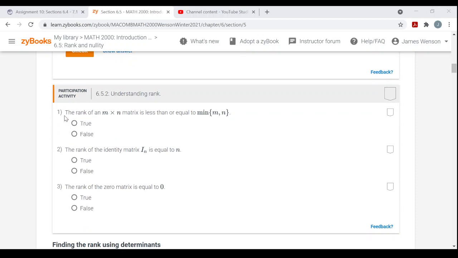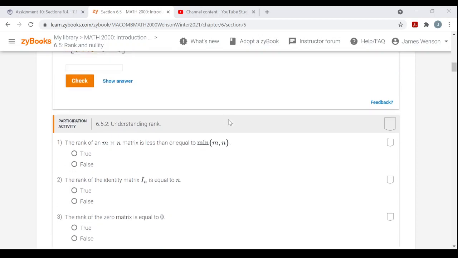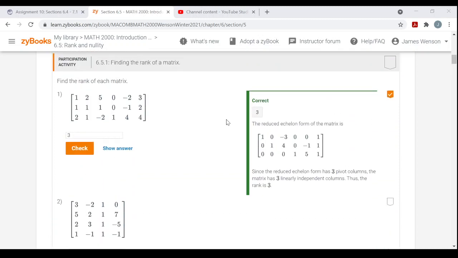Alright, so how about this? True or false? The rank of an m by n matrix is less than or equal to the minimum value of m and n. Like, back up, just think about it.